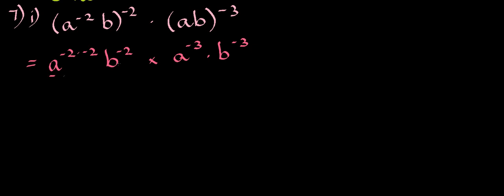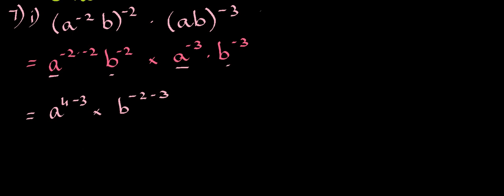Now here we have common bases. If you notice, I have common bases over here, a and a, b and b. So we will bring the common bases together. We will have a raised to, this minus 2 into minus 2 will become plus 4, so we have here 4 and this minus 3, into b raised to minus 2 minus 3.